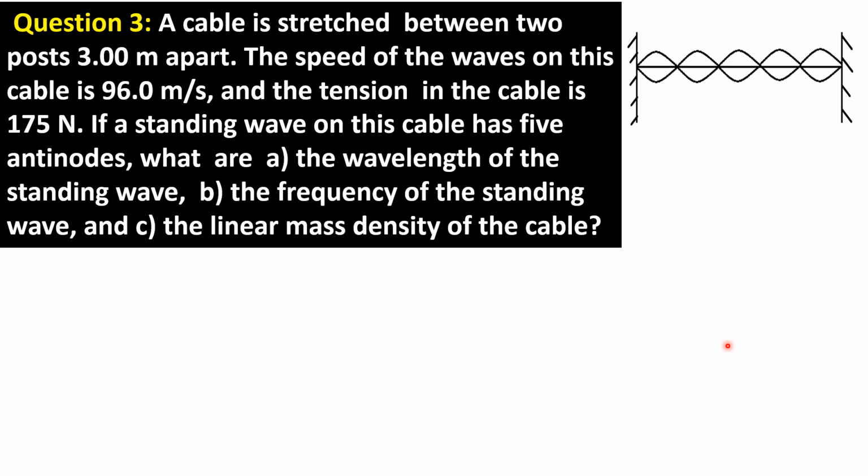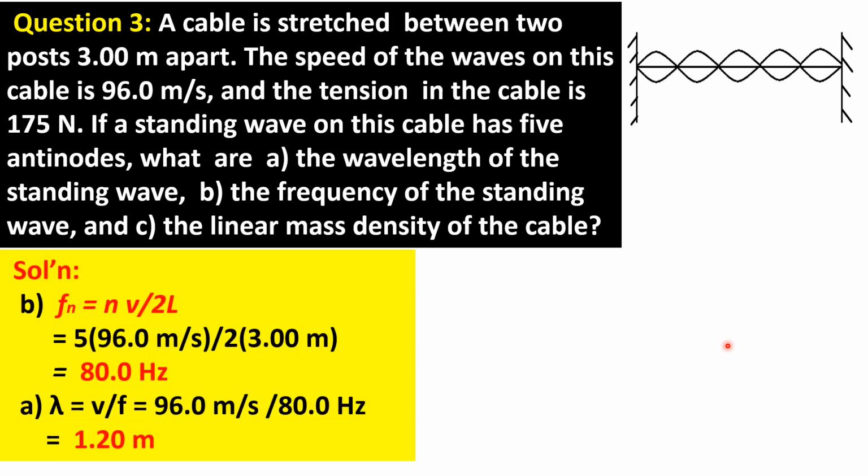All right, so our first solution, to question letter A, finding the wavelength of the standing wave, looks like we must first determine the frequency of the standing wave. All right, using the formula that we earlier showed, where Fn is equal to the number of loops or antinodes n multiplied by the ratio of the speed of the wave divided by 2L.